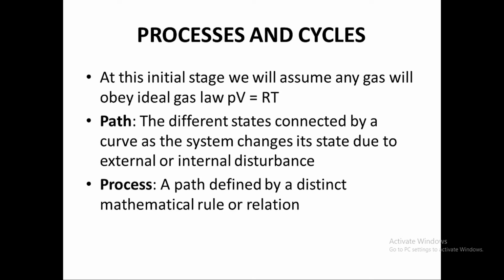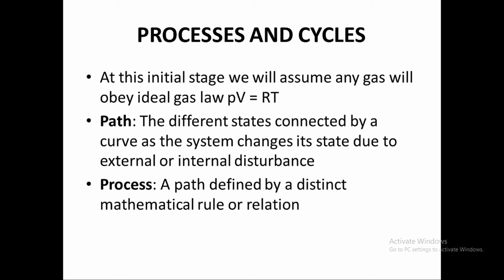So next, processes and cycles. At this initial stage, we will assume that any gas will obey the ideal gas law, PV = RT. Some of the definitions are: path. The path states connected by a curve as the system changes its state due to external or internal disturbance.